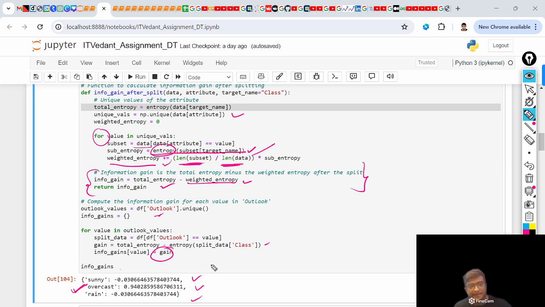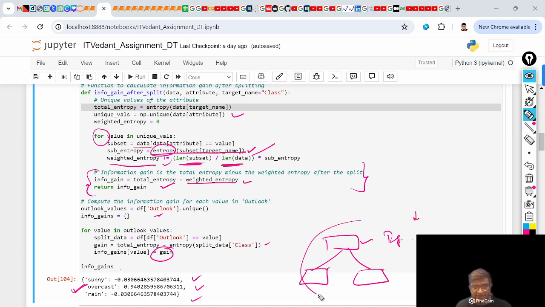The element with the higher information gain will be used as the root node, and we can use that as a splitting criteria, with higher information gain based on lower entropy. So for each element of this outlook feature, we can calculate the information gain.